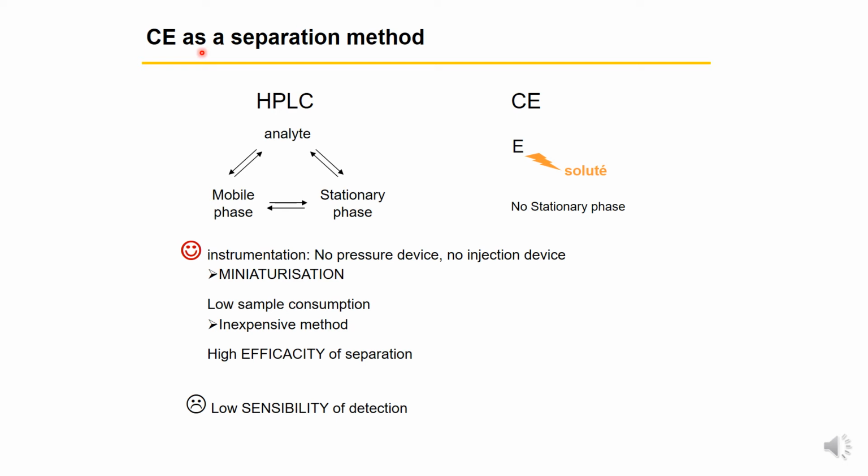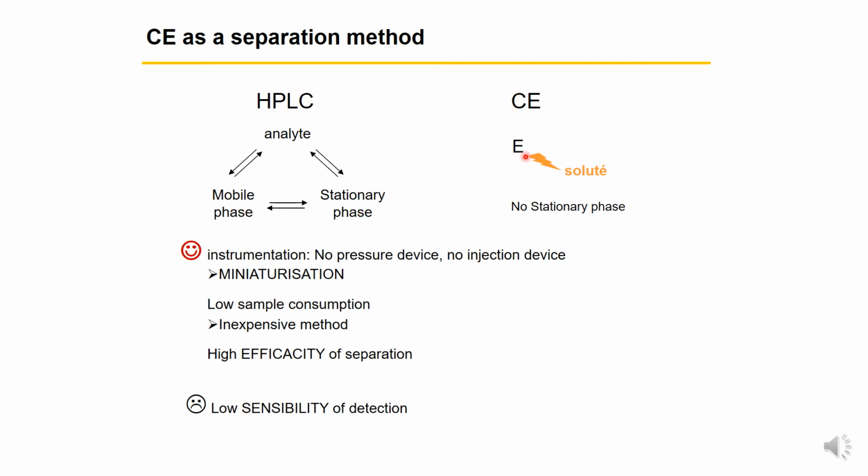So, what's the difference between capillary electrophoresis and HPLC? We had a huge lecture on HPLC, and we know that in HPLC we have equilibrium between the analyte, the mobile phase, and the stationary phase. You have this schematic representation of equilibrium in HPLC.